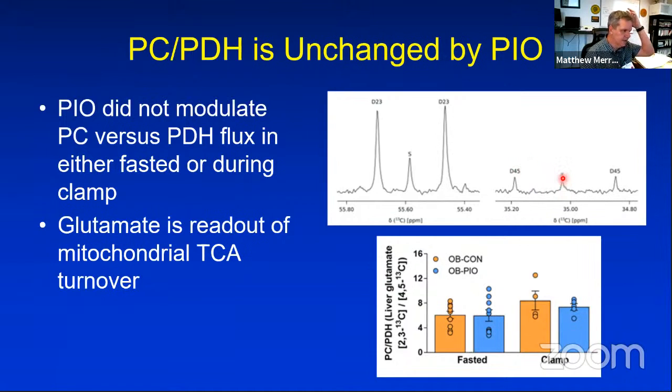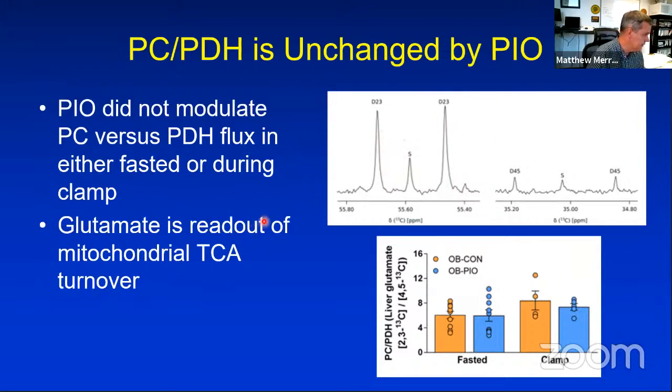So you see a singlet, that's natural abundance C4 glutamate, and then the doublet 4,5 is the isotopomer produced by pyruvate oxidation. Here's the singlet, so that's natural abundance C2 labeled glutamate, and then the D23 comes from our pyruvate tracer.